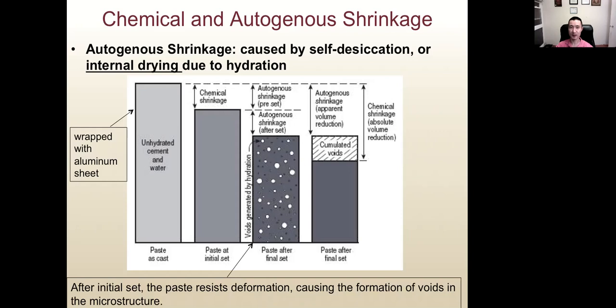So chemical shrinkage is the reason for dry shrinkage and also autogeneous shrinkage, because without chemical shrinkage, we will not have these capillary pores inside cement paste.